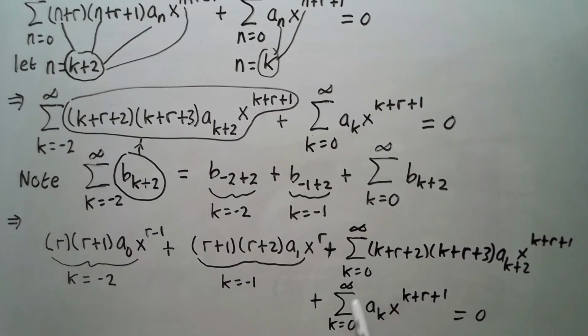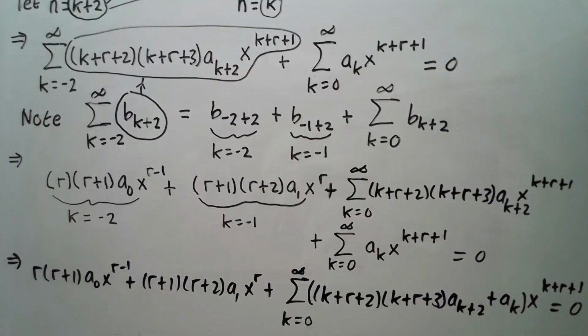Now these two series start at the same point, 0, and they have x at the same power. So let's factor out the summation and factor out the x. So doing that, we get then, factoring out the summations, so we can write as one summation, and factoring out the x to the k plus r plus 1 power, there'll be this guy left.